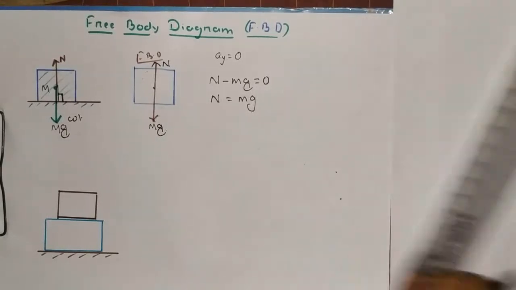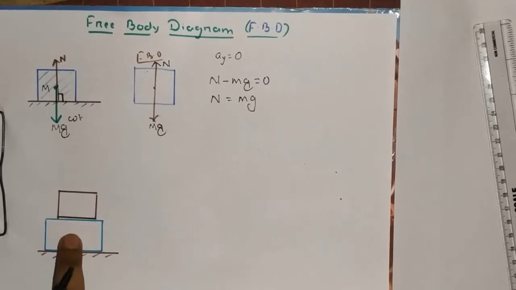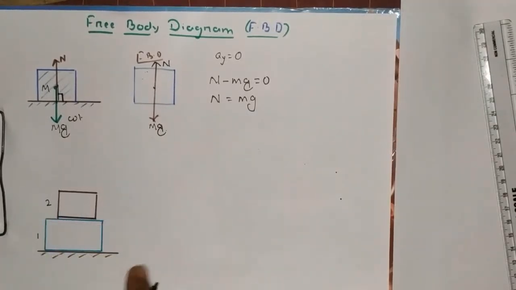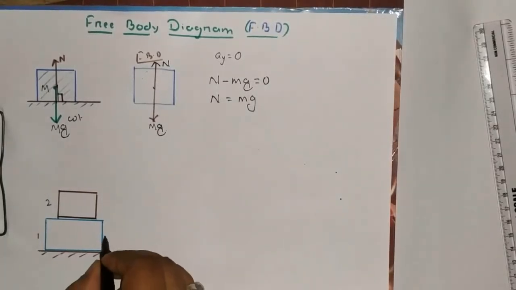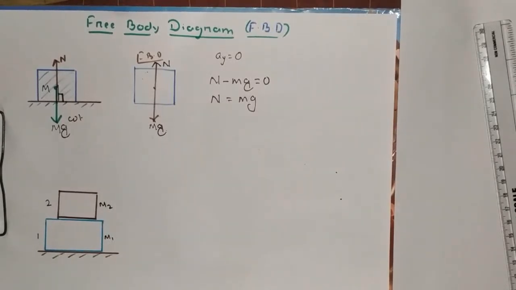Now, if I think of a two body system, here are two bodies, let this be the first body, let this be the second body, but combinedly it is one system. Let its mass be m1, let its mass be m2. How many forces are there? Let me remind you, in a free body diagram, only external force is considered, not internal force.